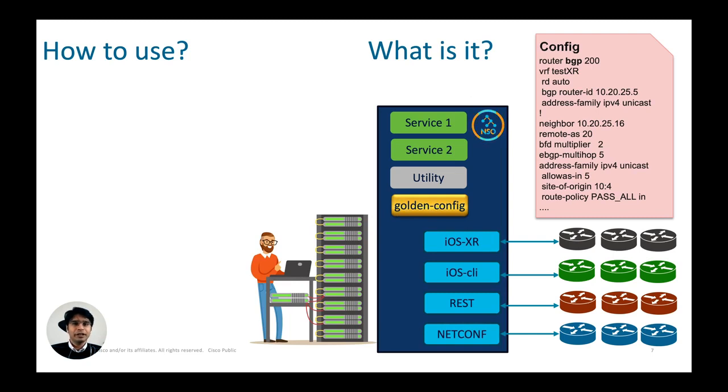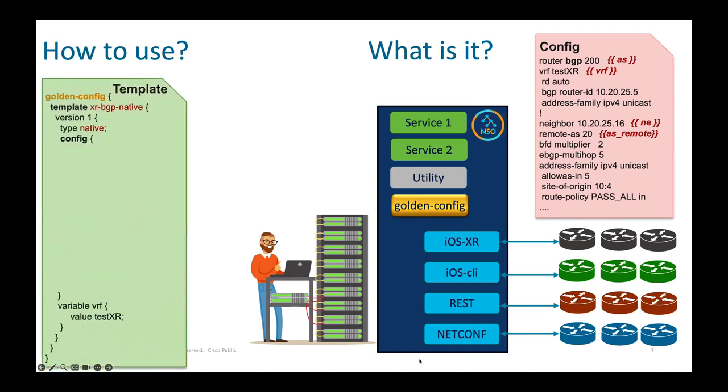And we need one thing from network engineers: the config, the native config, which they are anyway pushing on the device. We ask them to tokenize this config. They may already have been tokenizing it when they use it with their scripts. And now we are introducing our first model, which is the golden config template.